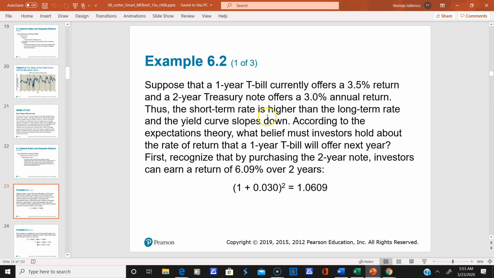According to the expectation theory, what belief must investors hold about the rate of return for a 1-year T-bill being offered next year? First, recognize that by purchasing the 2-year note, investors can earn a return of 6.09% over 2 years. You can see that right here. It's compounded, so it's not 6, it's 6.09.